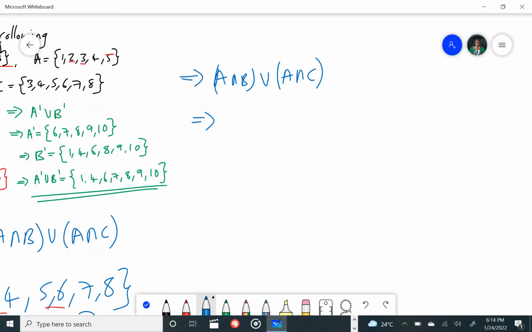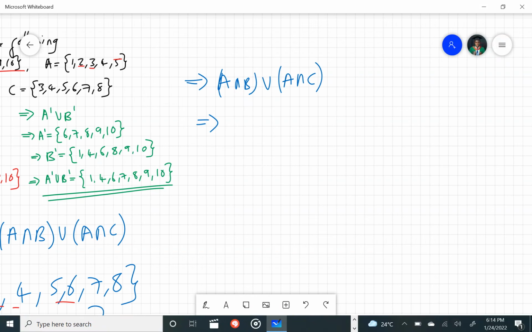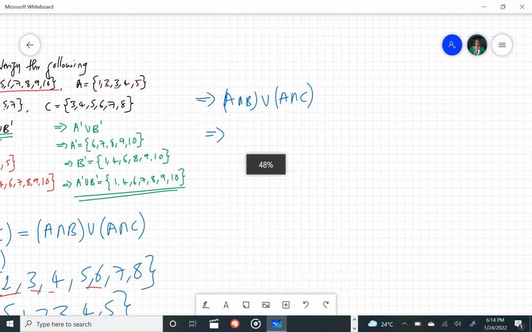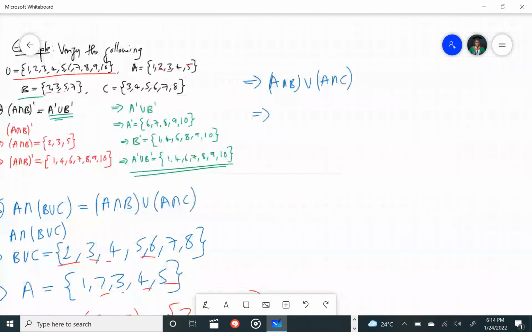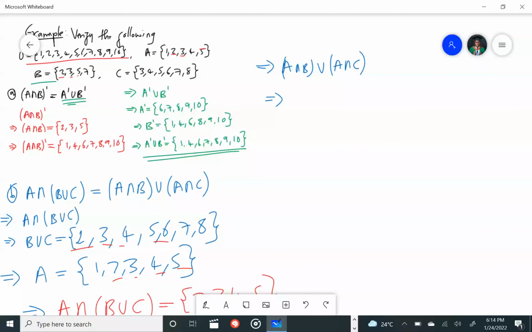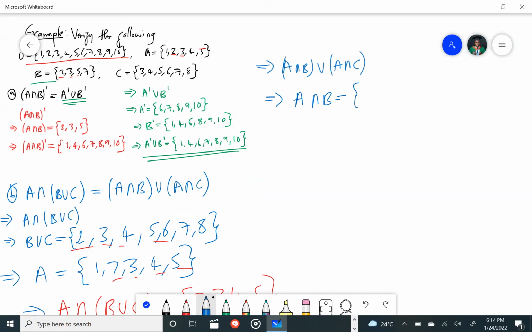Again, let me do this so we can look at the sets. Even as I'm answering, you can try to attempt and see if we are getting the same answers. So we're going to have A intersection B. It's going to be what? That's what's in A and what's in B. So you see that will be 2, 3, and 5, isn't it?